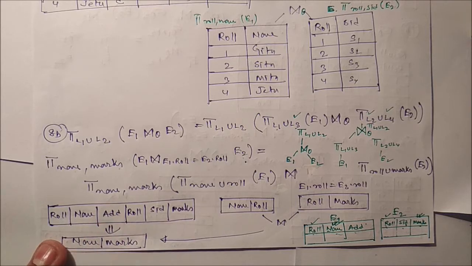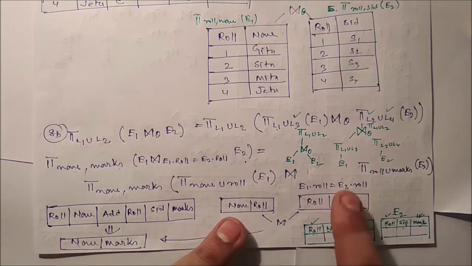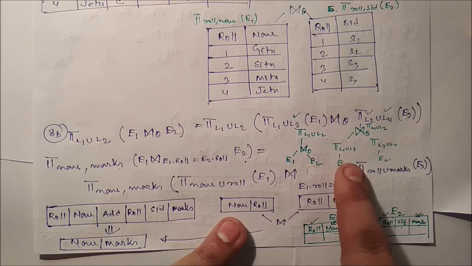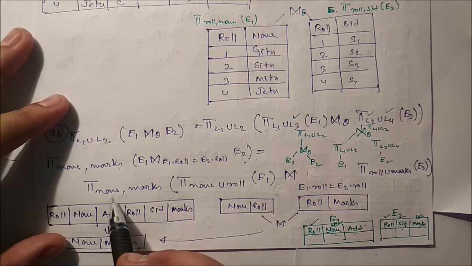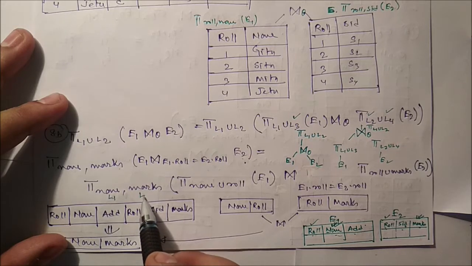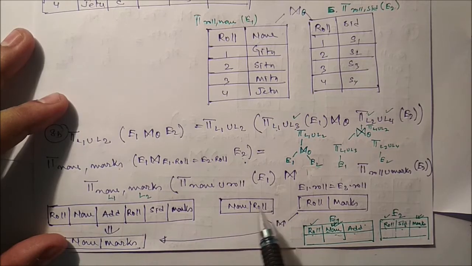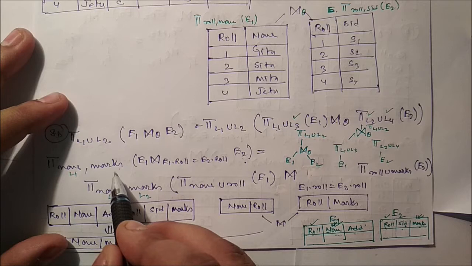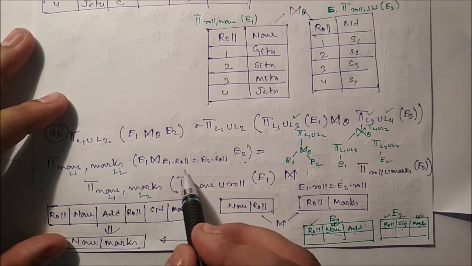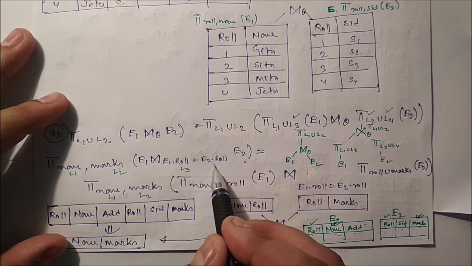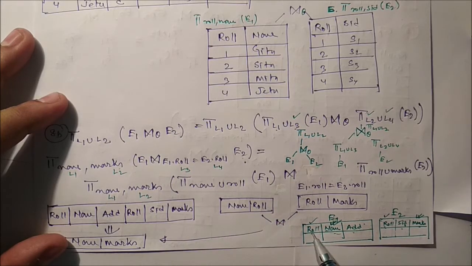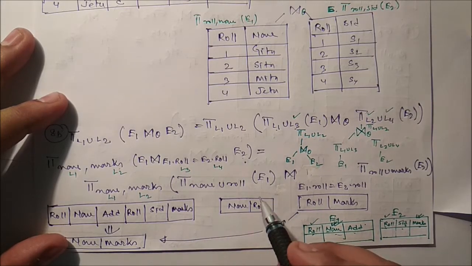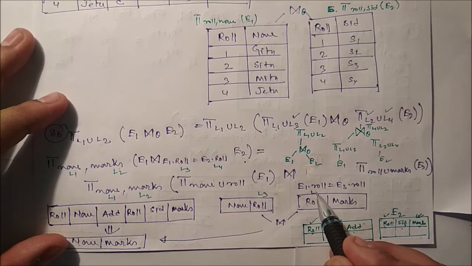Instead of doing this, what you can do is first of all extract L1 and L3. So you can see here, this is our L1, this is our L2, and this will be our L3, or this will be our L4. Roll number is L3, and here it is L4.